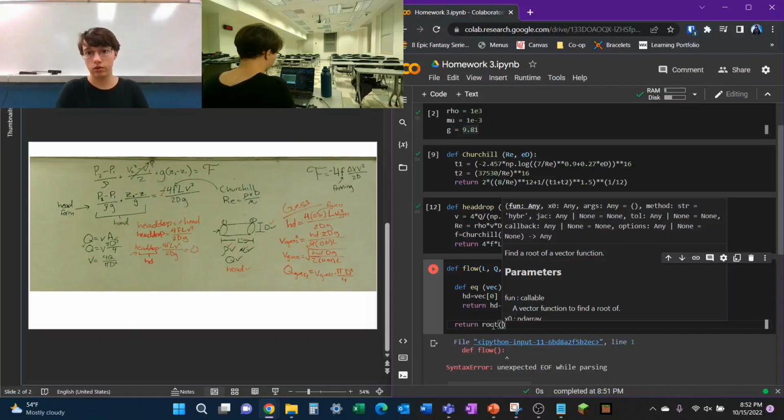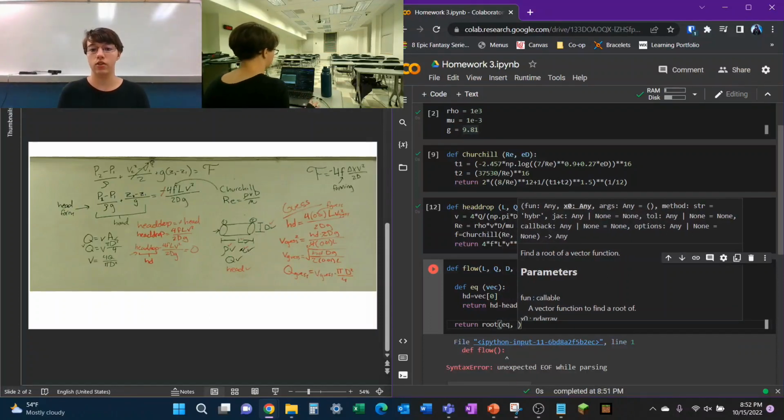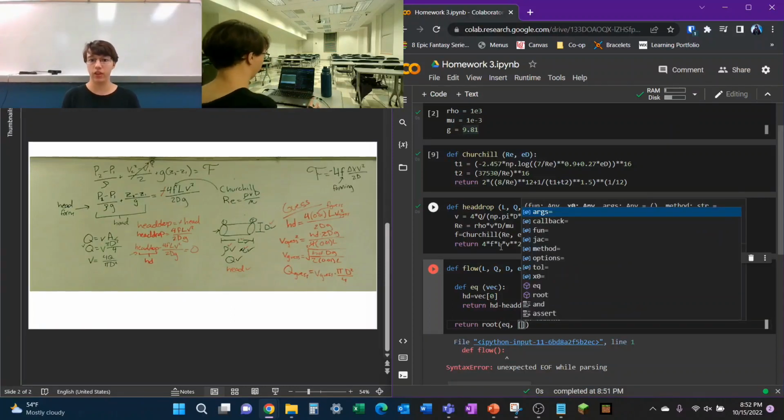And within the root, we're going to first supply our function that we want to set equal to 0, so that's going to be the equation. And then it needs to have the vector that we take in. So it's going to be a vector. And so what we're going to take in is our guess.